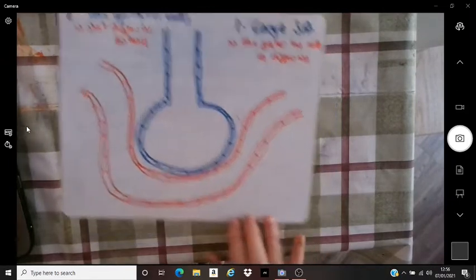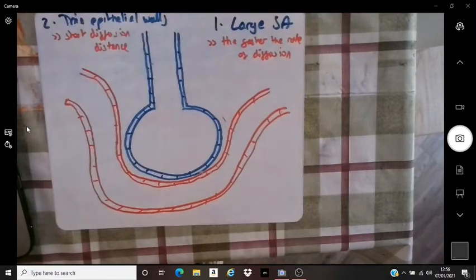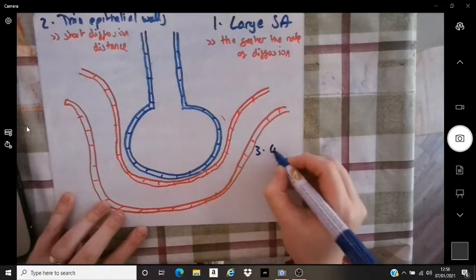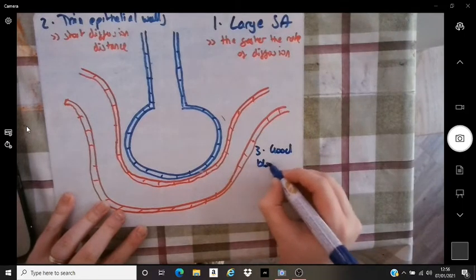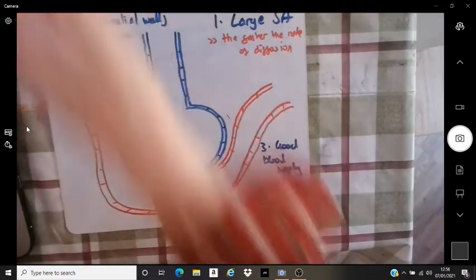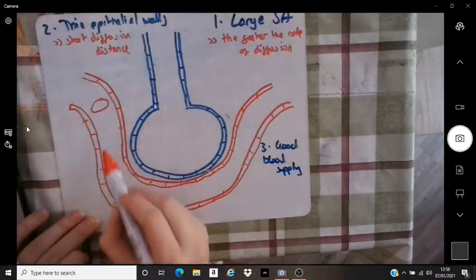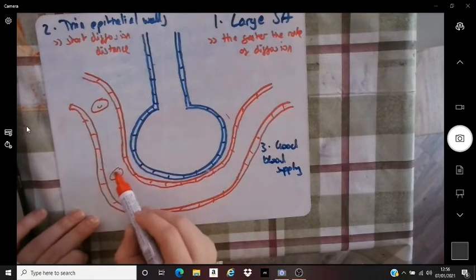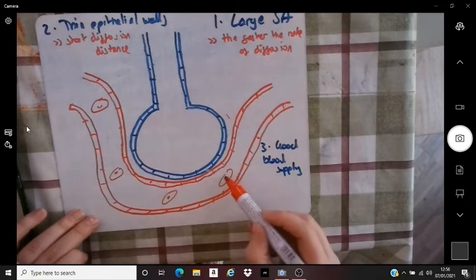And thirdly, my blood vessel. The fact I've got a good blood supply. If I just draw a few blood cells here. Yeah, it's supposed to be a blood cell. So's that. So's that. So's that.